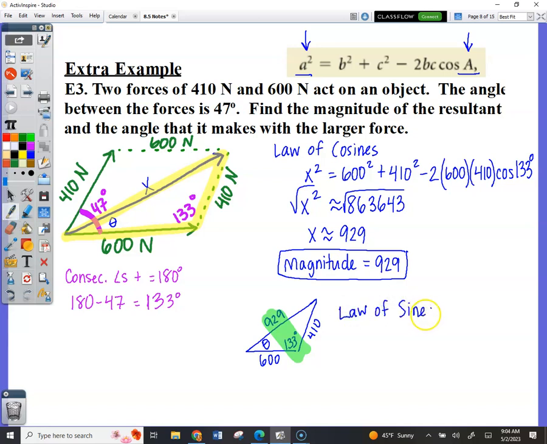If you recall law of sines, it's the side over the sine of that angle. So I put my anchor fraction into place: 929 over sine 133. And then which side is going to be used for theta? 410. So 410 over sine theta.